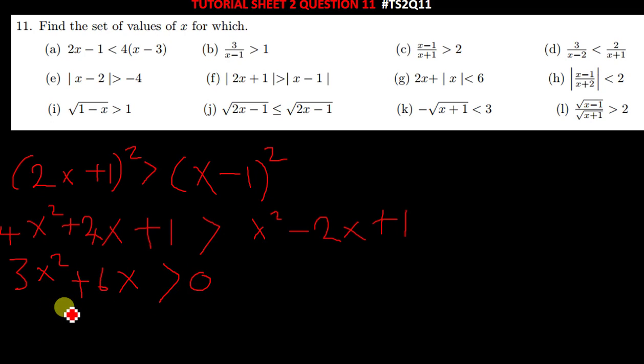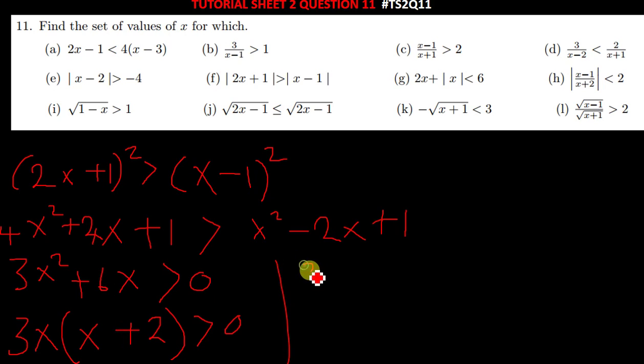Alright, so if you look at this expression, it's almost giving us the same solutions that we had at first. So we factor out the 3x, so we're going to remain with x plus 2. The value of x that we have, when you get this first 3x, you equate it to 0.